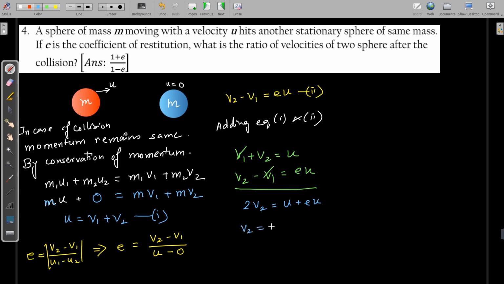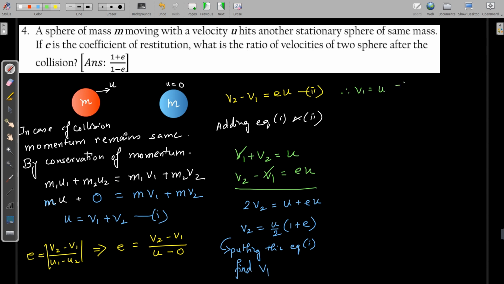So v2 becomes u by 2 into 1 plus e. Now putting this in equation 1, can I find out v1? Yes, I can find out v1. Therefore, v1 will be how much?